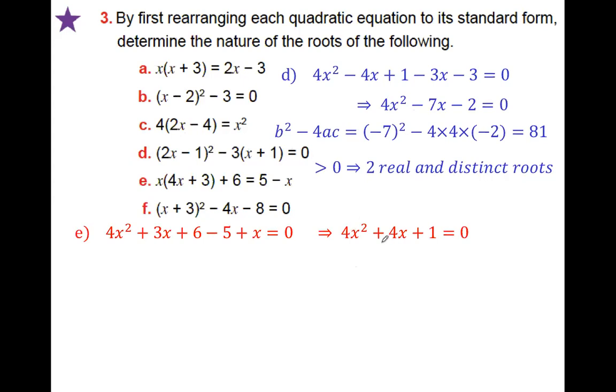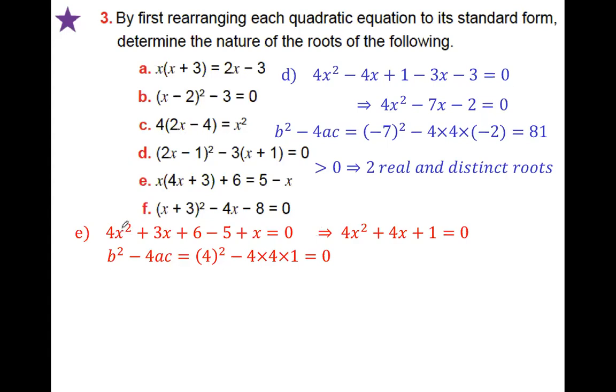Looking at this, I've got a feeling that b squared minus 4ac is going to be 0, once you've got a and c here as 4 and 4. So now you've got 2 real but equal roots instead of distinct roots.